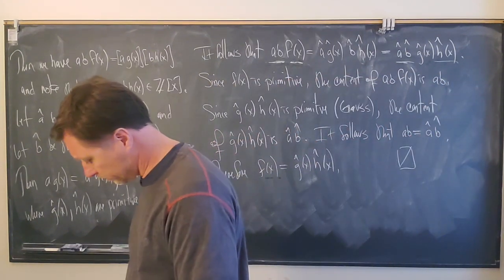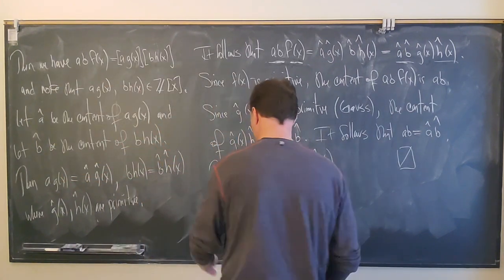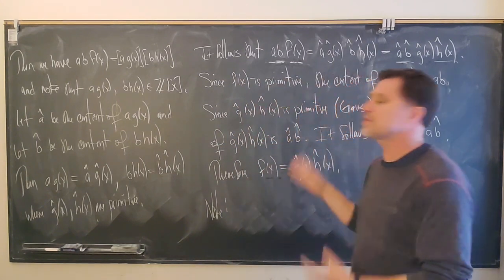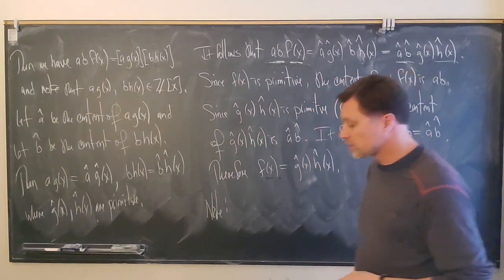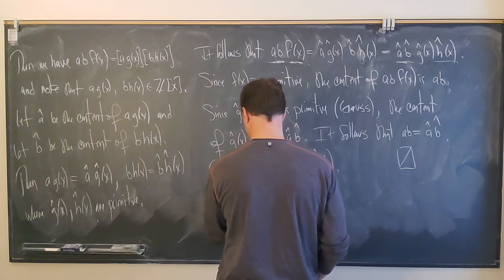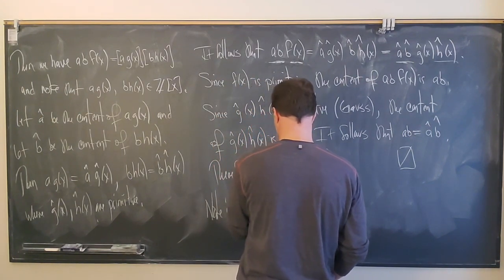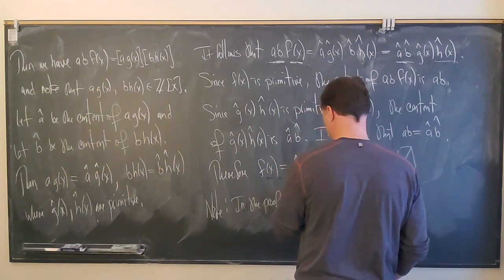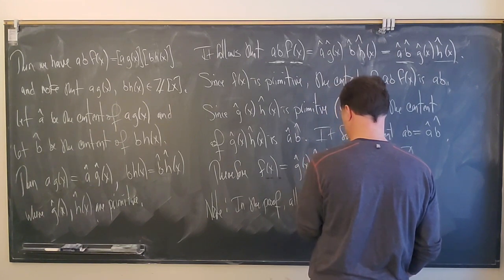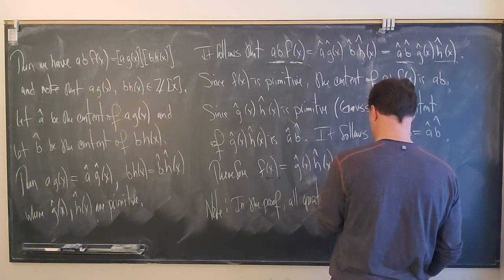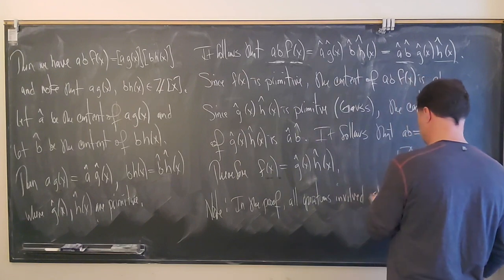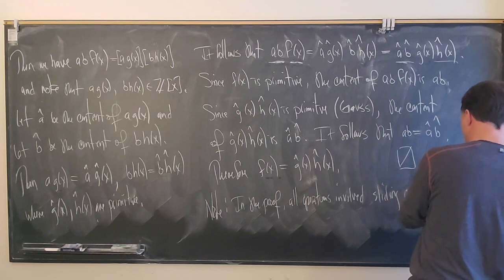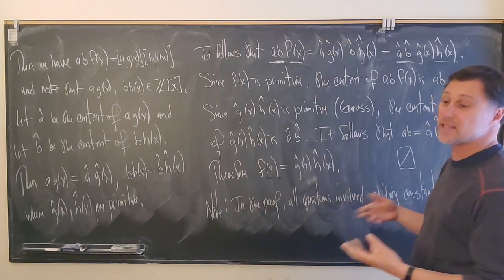One thing to note, if you follow the proof, all it really involves, once you read it, is just sliding constants around. That's all that happened. So note, in the proof, all operations involve sliding constants. And when you slide constants around, it doesn't change the degrees of the component polynomials.